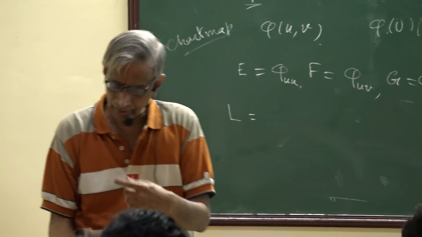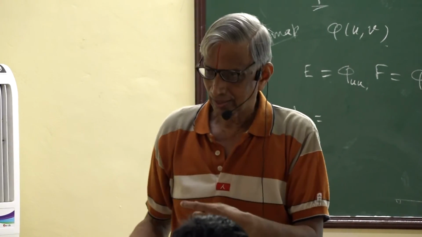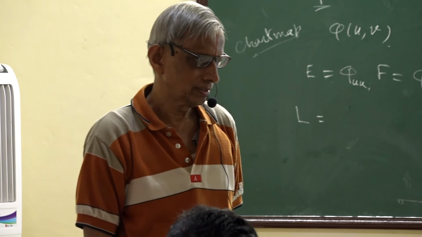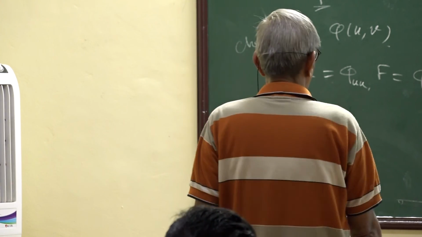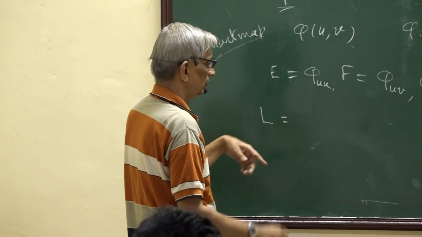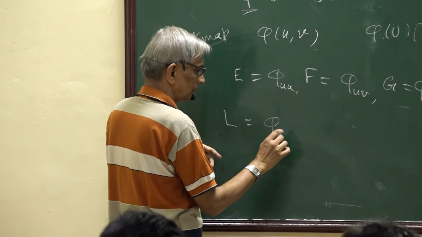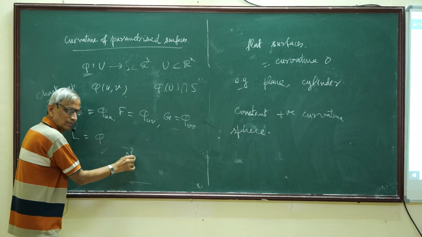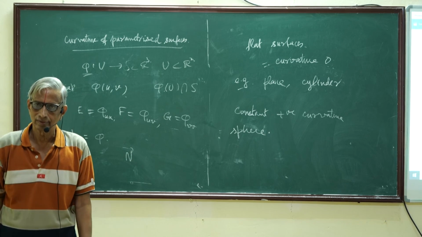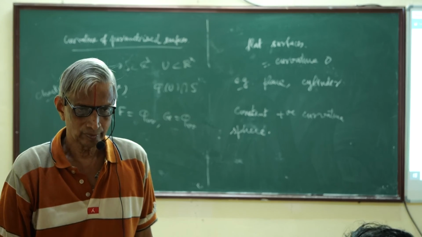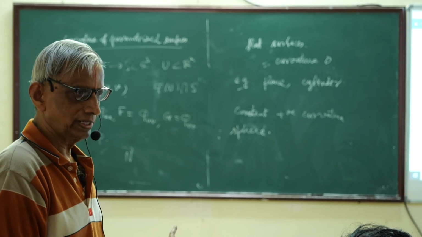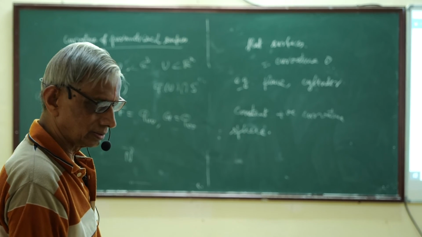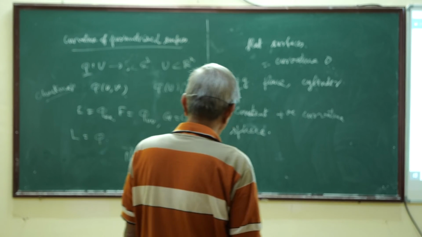So here the orientation comes into the picture. Okay. So this is, that means the unit normal vector that we have. So you just take dot products with these, right?